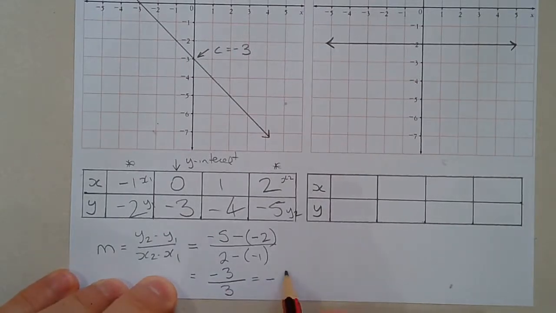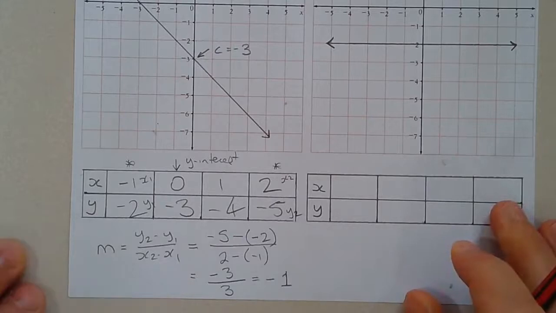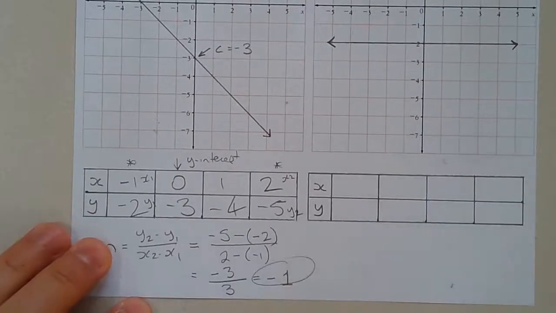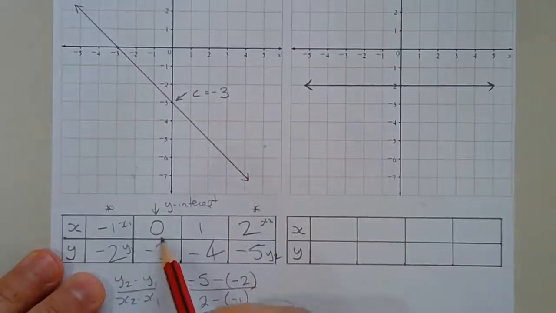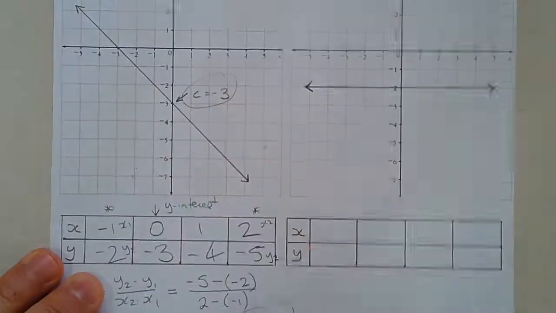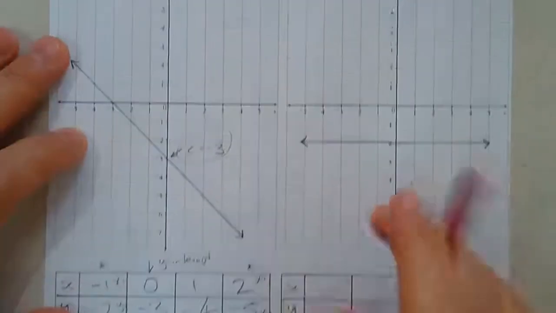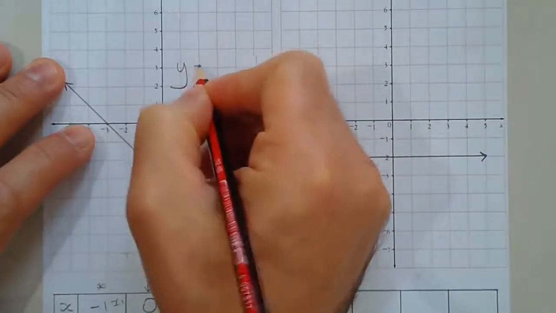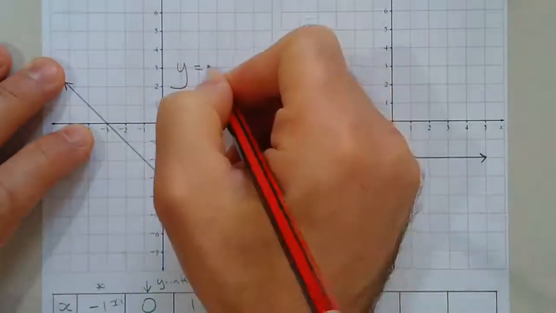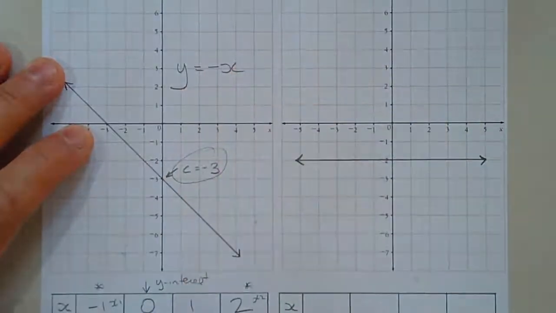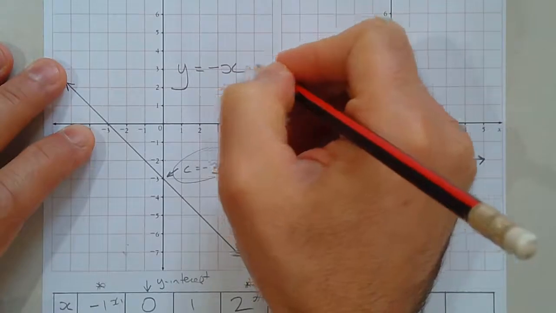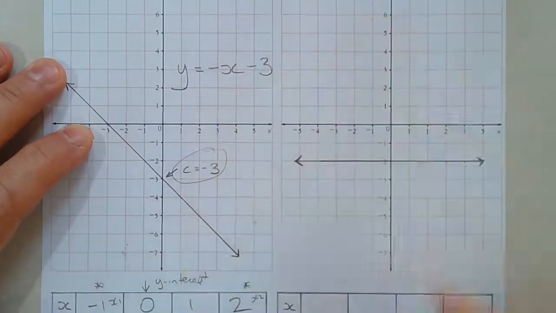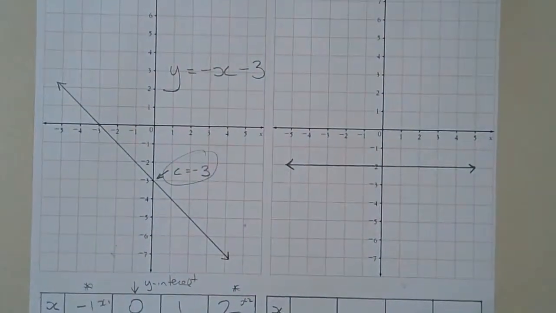That gives us a gradient of -1. So we have our gradient, and we have our y-intercept, which we can read off the table or from the graph. So what's the equation going to be? y is equal to -x, because that means -1x, plus c, well, plus minus, so it's going to be just -3. And that's the equation of that line.